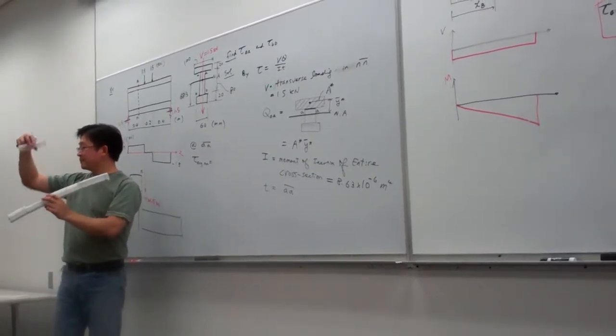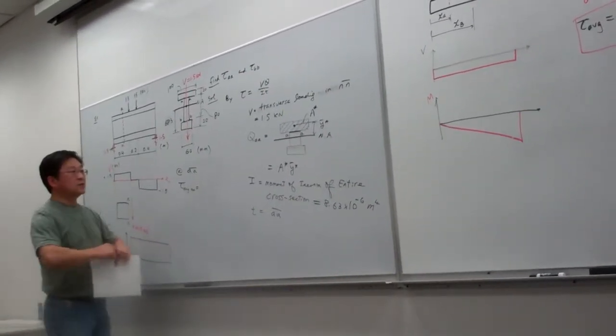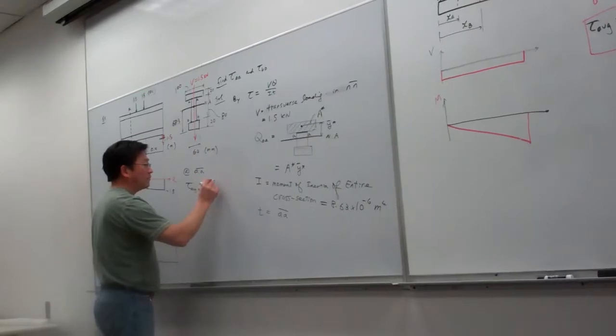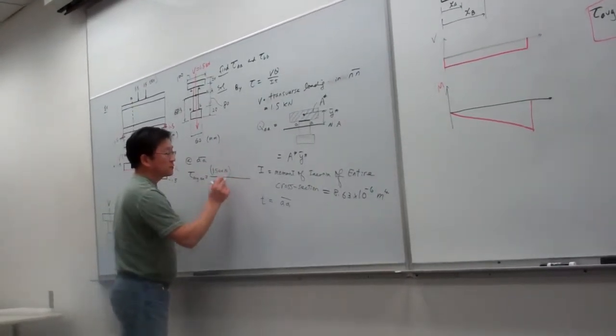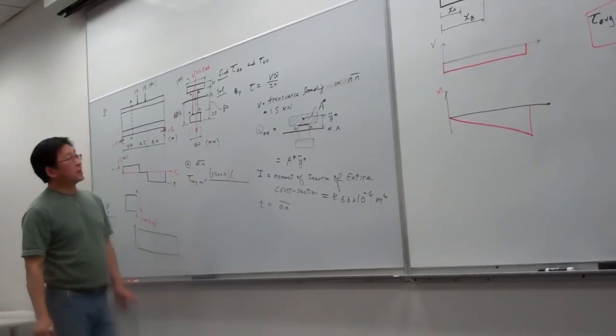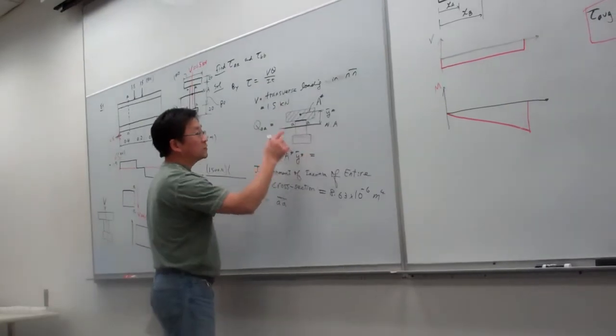Okay, so that is the case. To plug in here, V equals 1500 newtons. And Q, for this case, needs a little bit of calculation. So A star is how much?